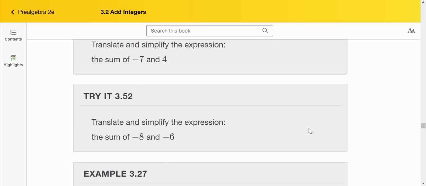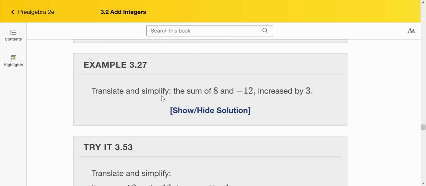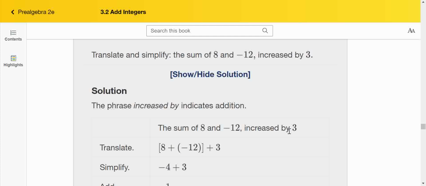All right, a couple try it problems. Example 3.27, translate and simplify the sum of 8 and -12 increased by 3. The phrase increased by indicates addition.